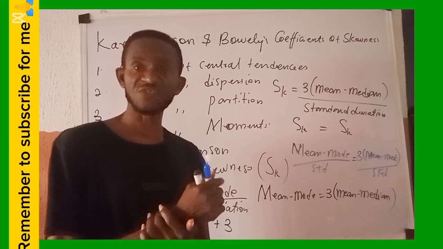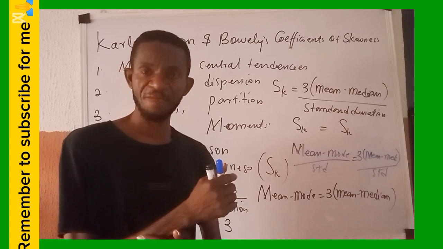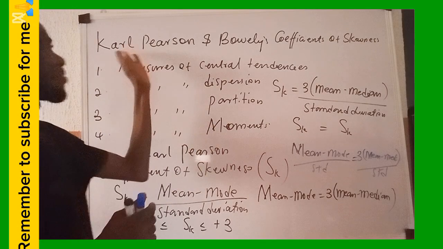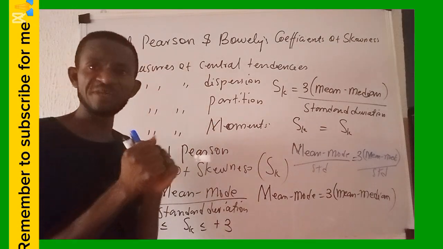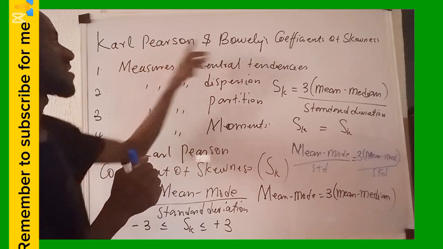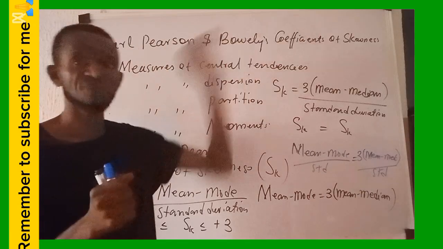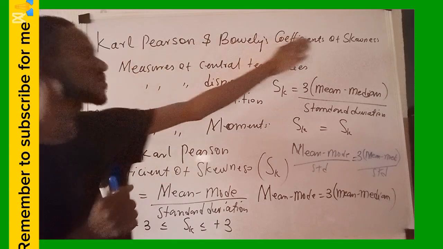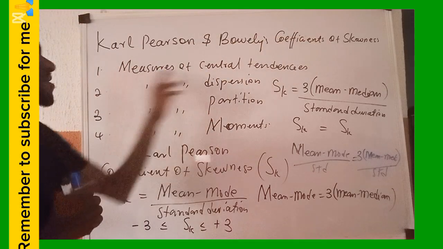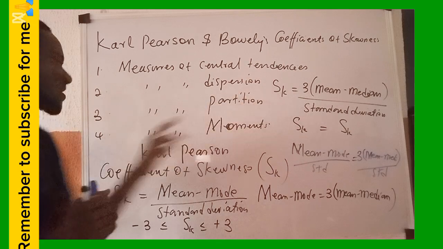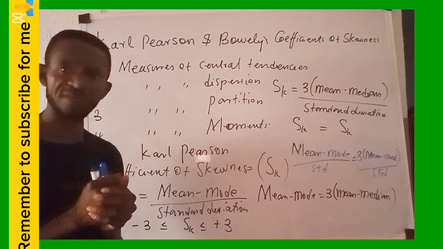As a quick recap, we are looking at a way we can obtain the measures of skewness according to Karl Pearson, and then Bowley's coefficient of skewness. According to them, the measures of skewness can be obtained from measures of central tendency, measures of dispersion, measures of partition, and measures of moment.